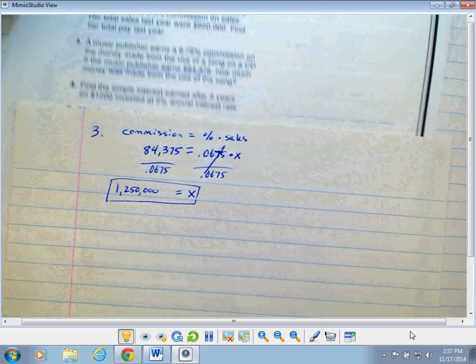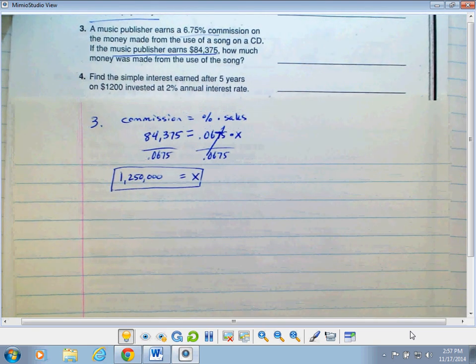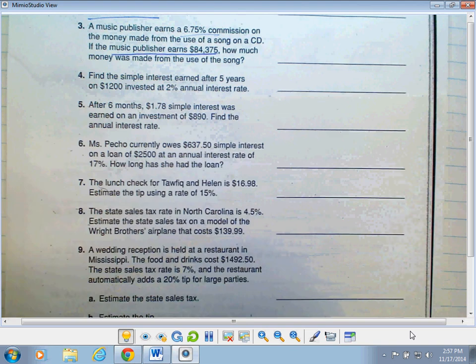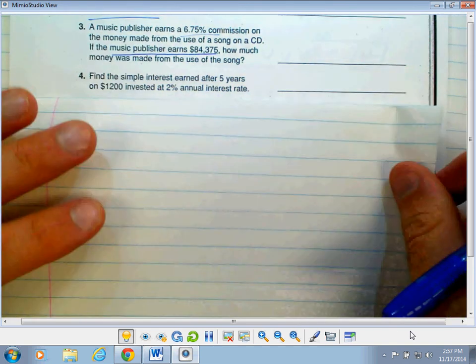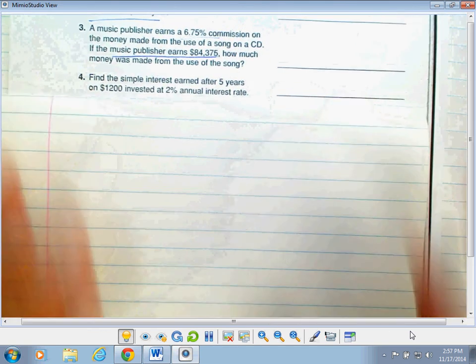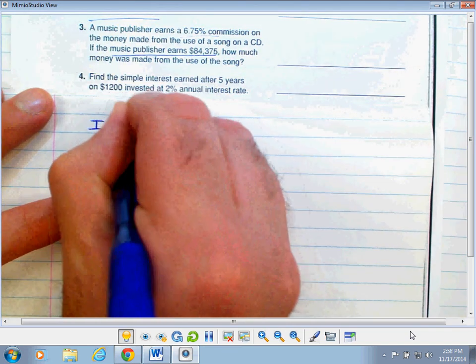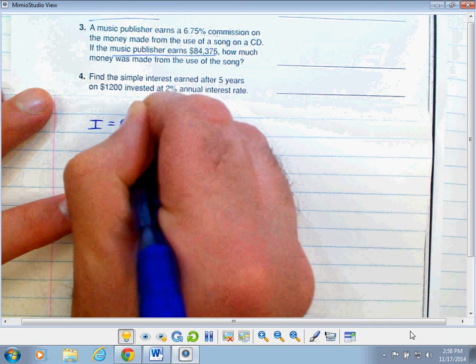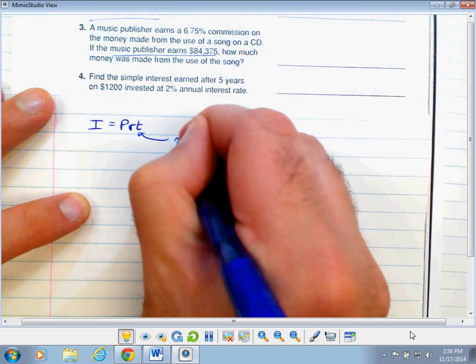Okay, on to number 4, which is now an interest problem. So the interest problems all work off of this equation, I equals PRT, where T must be in years.